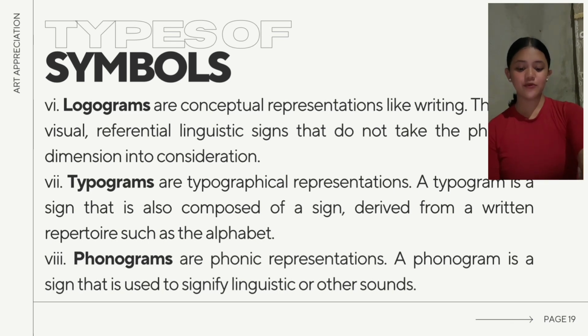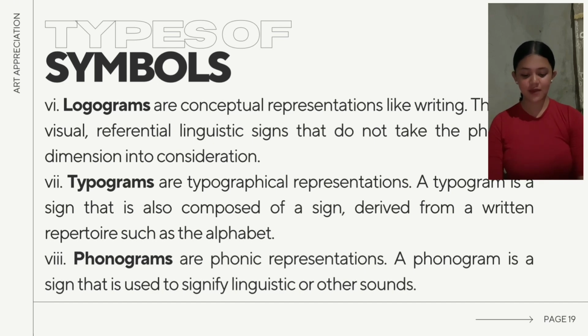Typograms are typographical representations. A typogram is a sign that is also composed of a sign derived from a written repertoire such as the alphabet. Typograms are visual designs made using letters or characters from the alphabet, where the shape or layout of the letters also helps show what the word means.